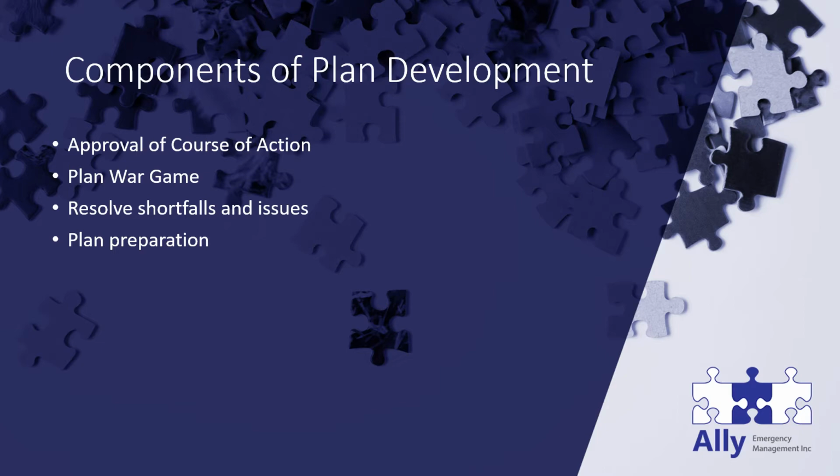Once you've got the approved course of action, the next step is to wargame it. And we'll talk about wargaming in the next video. But for now, it's just an opportunity to exercise your chosen option in detail. And it allows the planning team to really envision the whole plan.